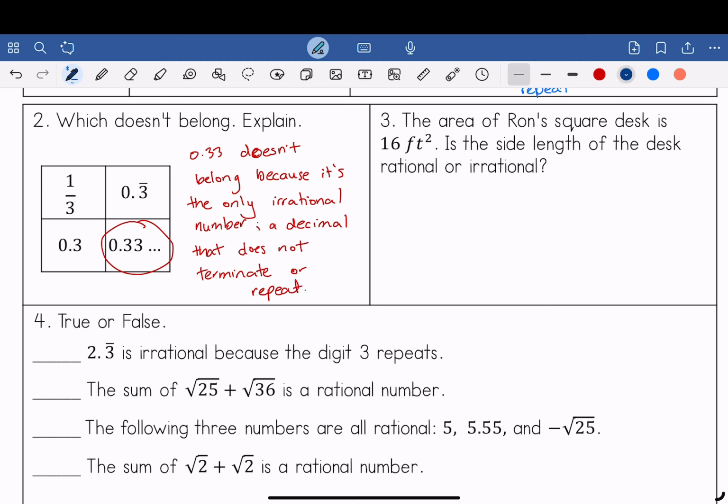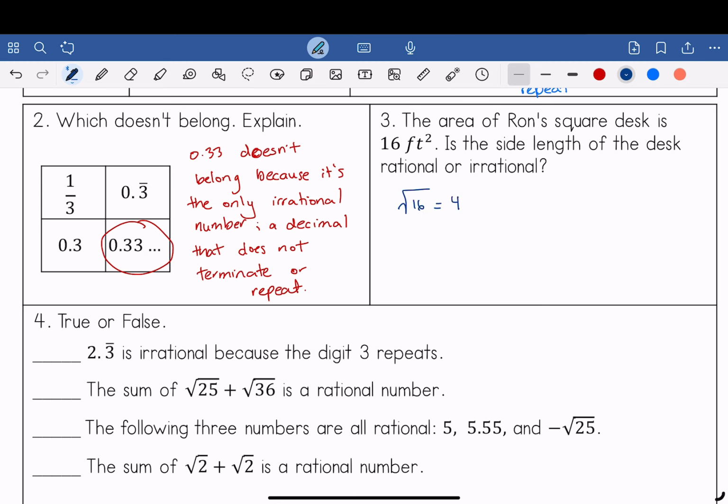So here's another question. The area of Ron's square desk is 16 square feet. Is the side length of the desk rational or irrational? To figure out the side length, you'd have to find the square root of 16, which would equal 4.